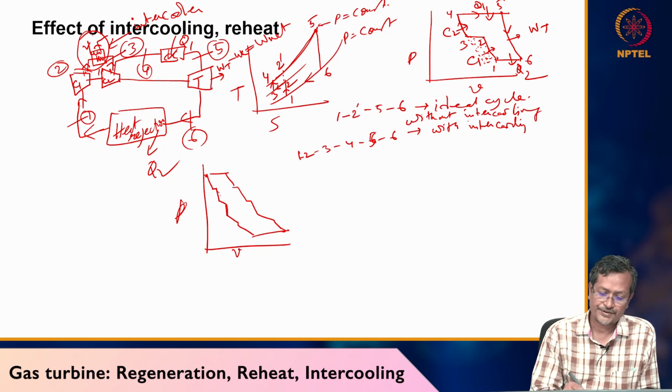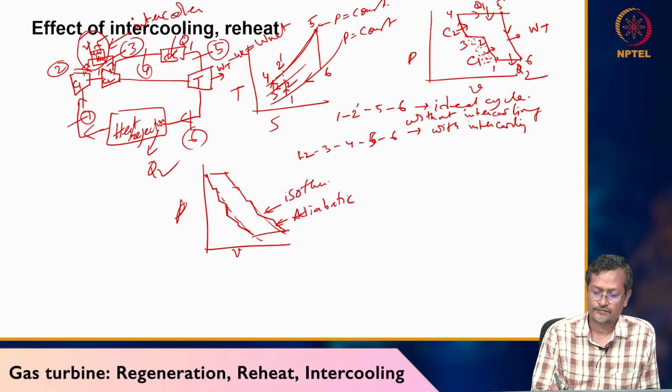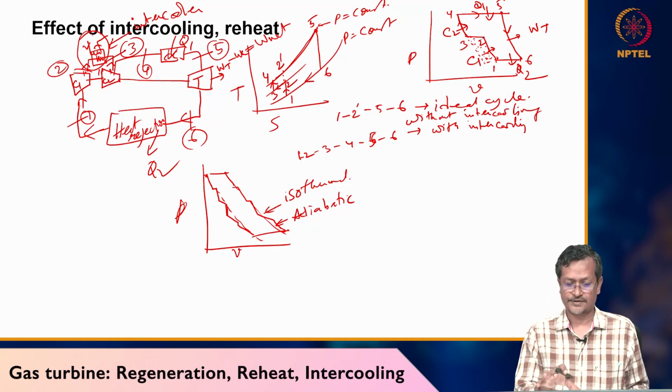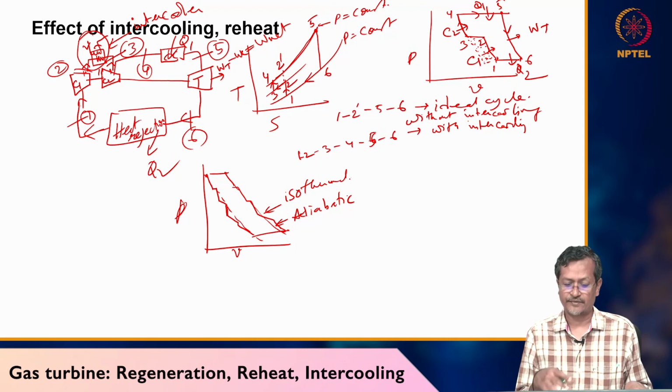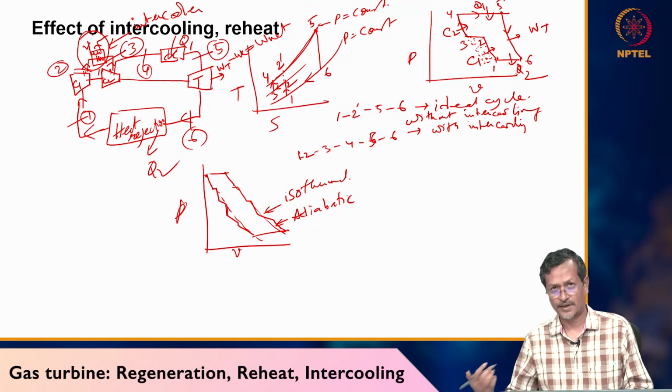Actually this dotted line is isothermal. This is adiabatic. If a certain process is adiabatic in our system, that system will take more energy, so performance will be lower. But if I can achieve an isothermal system, then my performance will be better. So intercooling tries to move toward the isothermal condition.